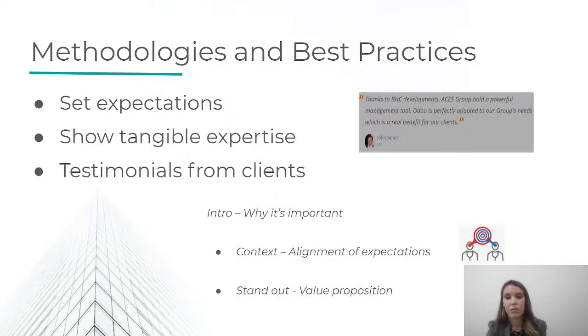And then also you want to make sure that you set expectations. I remember being in a partner proposal discussion where the partner had said it would take about 6 to 8 weeks to implement the entire proposal to the go live date.